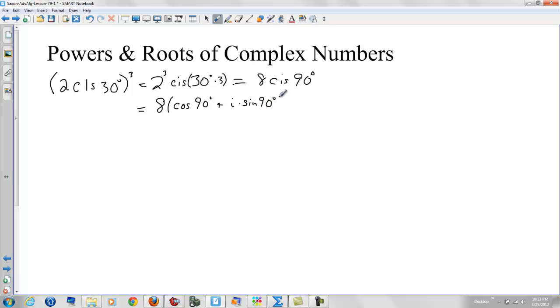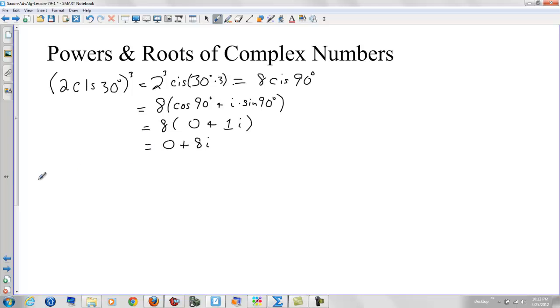And we would evaluate the cosine and sine of 90 degrees. Cosine of 90 degrees is 0. The sine of 90 degrees is 1. So we would get 0 plus 8i, or simply 8i, as a result in rectangular form.